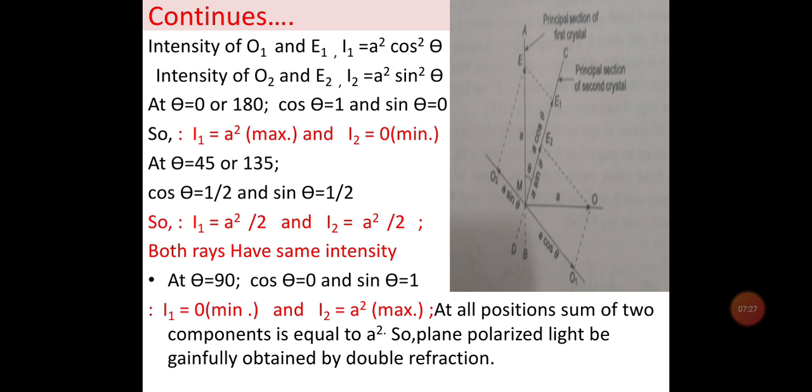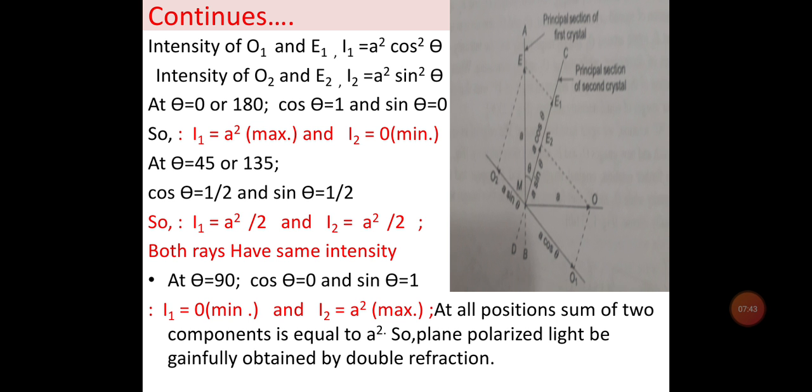Similarly, the E ray on entering the second crystal will also split into an extraordinary ray of amplitude A cos theta and an ordinary ray of amplitude A sin theta. Right, so like this we have represented it in the figure.